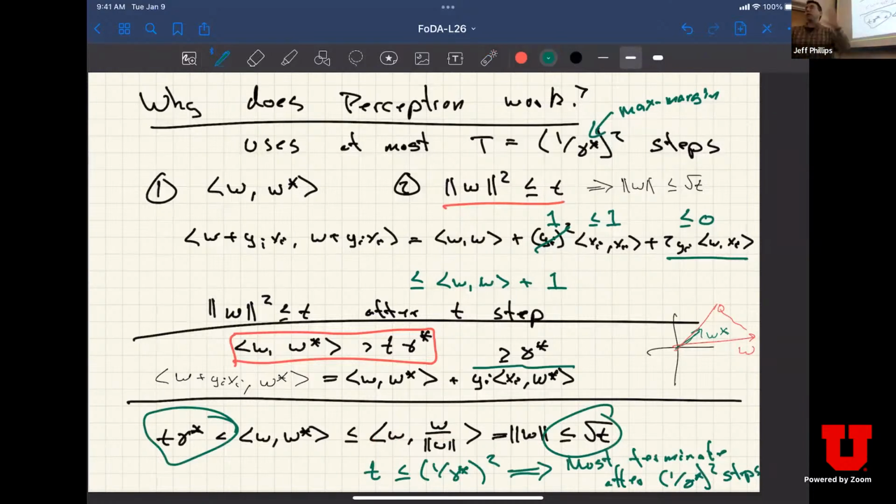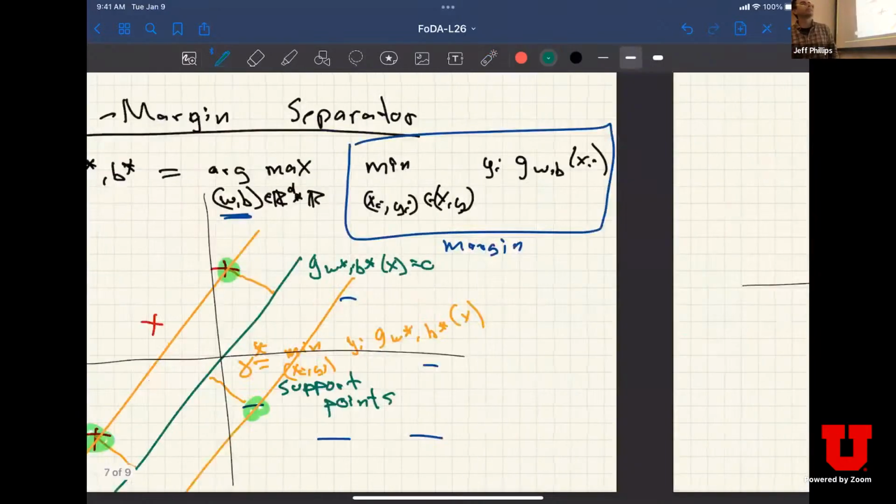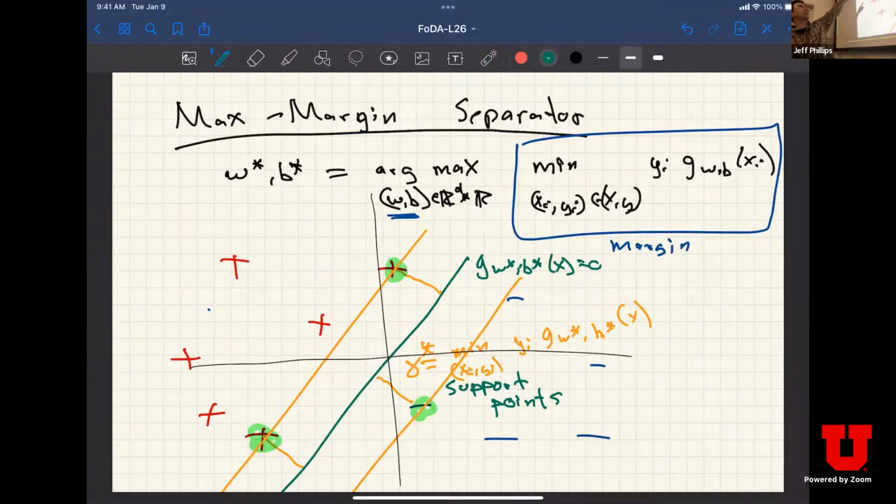So it will only depend on the max margin, which is defined here. If there exists a good classifier that has a large margin for error, then this will conclude in a small number of steps that depends only on that, even for much more complicated problems.